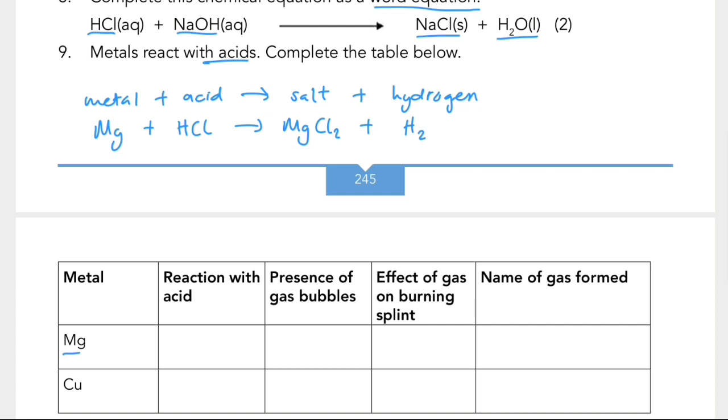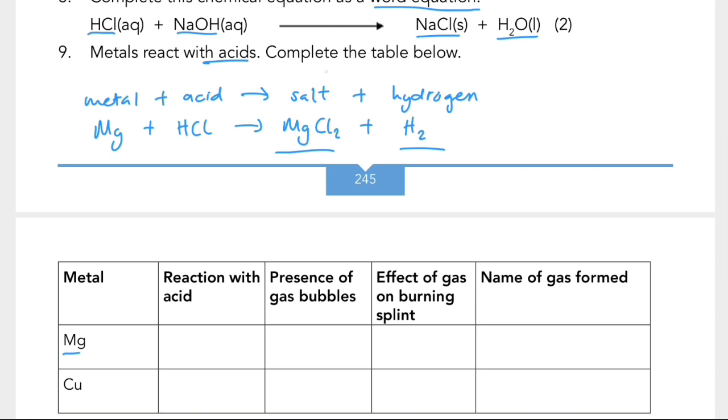Then what's left there is just to balance the equation, of which we're not focusing on. We'll focus on that when we look at stoichiometry and the mole concept. So in other words, we have a salt and hydrogen as the basic output when we react acids and metals.